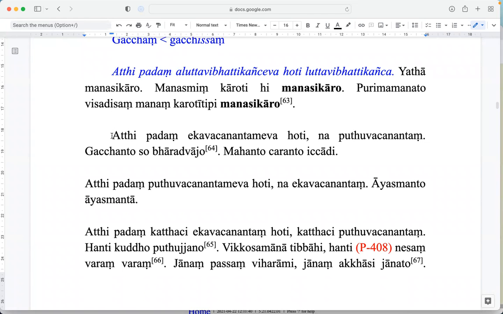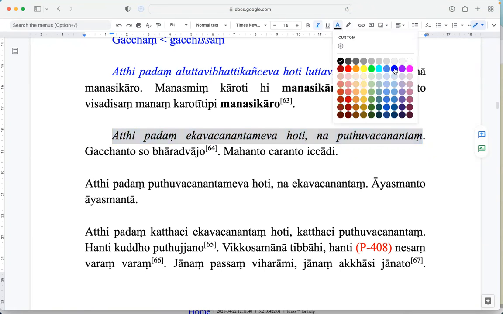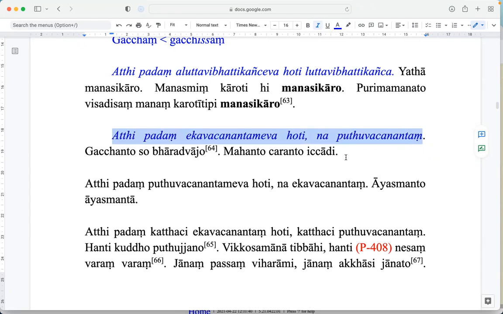But the second manasikaro is not the accusative case there, that is lauda vibhatika, but still manasikaro.